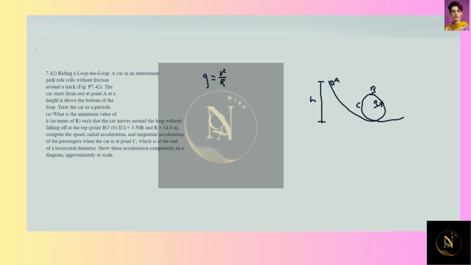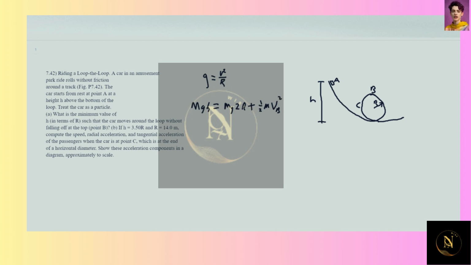Okay, so I'm going to set up a conservation of energy equation. I'm going to write down the initial energy at point A, which is just mass times g times h. That's equal to the energy here at the top: mass times gravity times the height, which is 2R since that's the diameter of this circle, plus 1/2 m times the velocity at B squared.